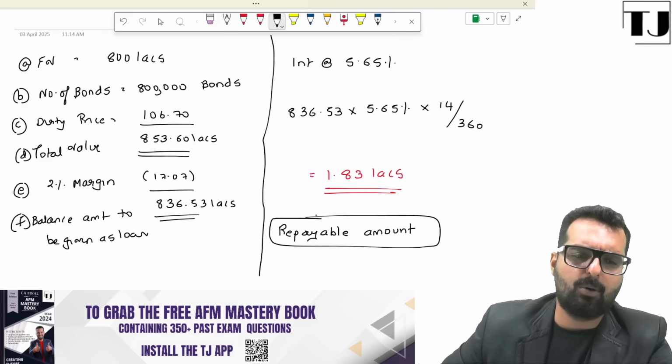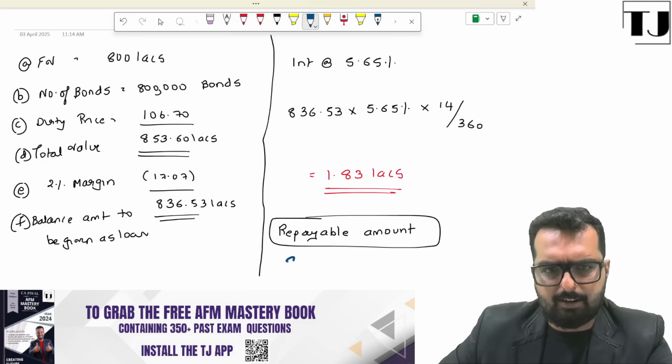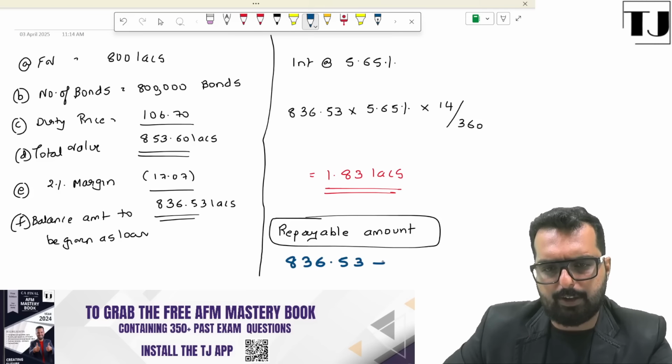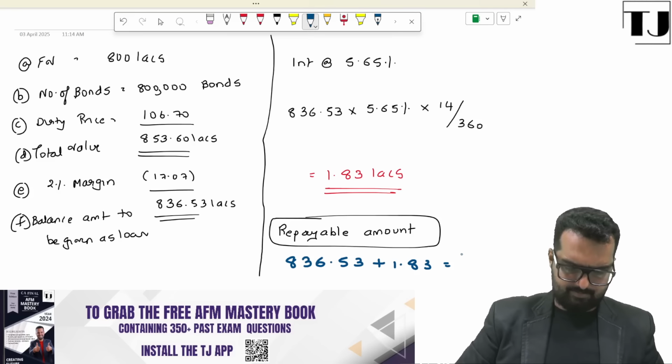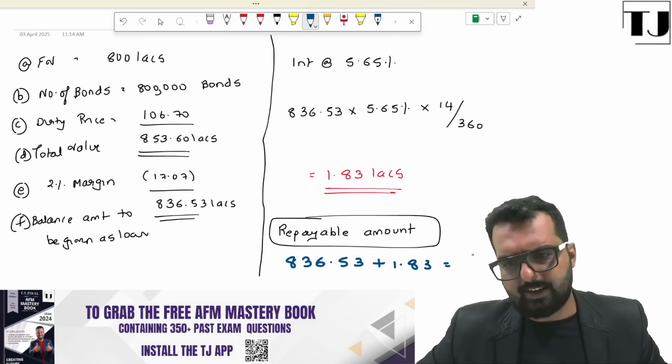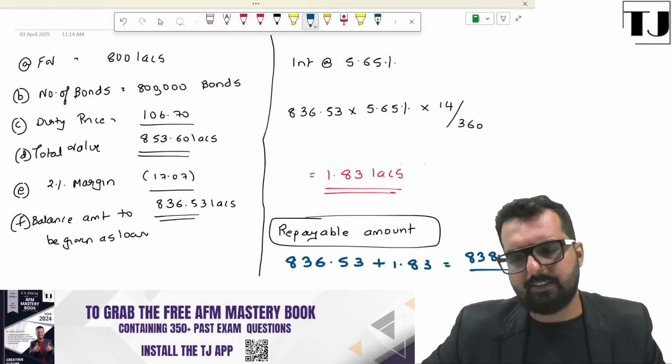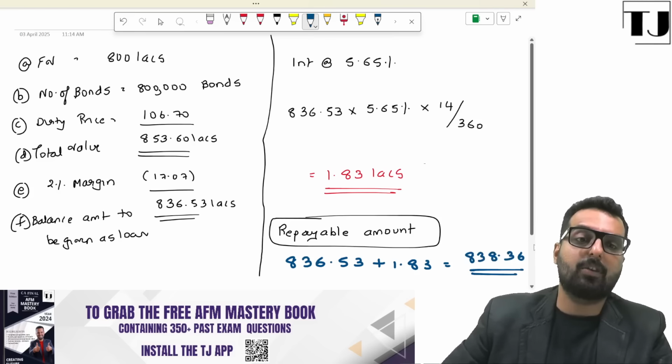All right. So once you get this, what will be your repayable amount, friends? Your repayable amount will be 836.53 plus 1.83. Do you get the answer as 838.36? This will be the amount that will be repaid.